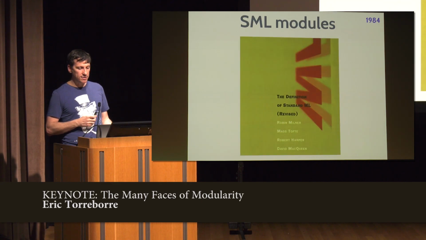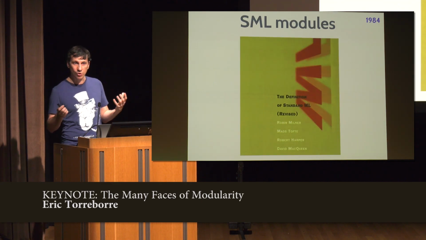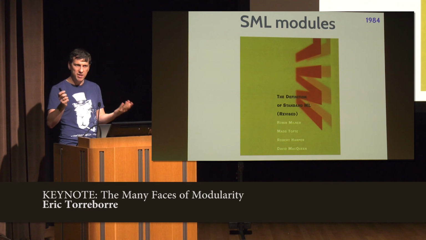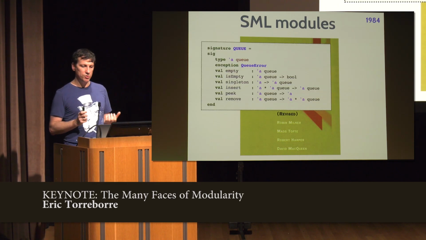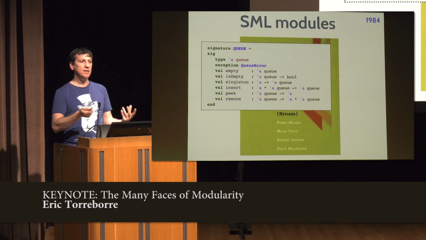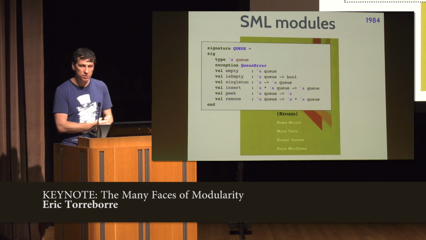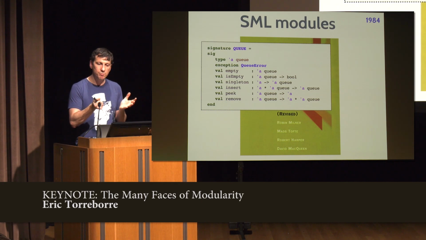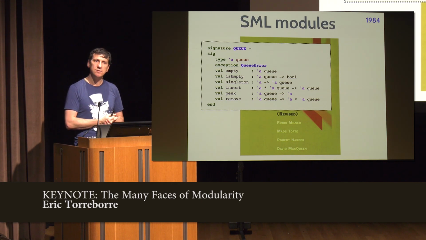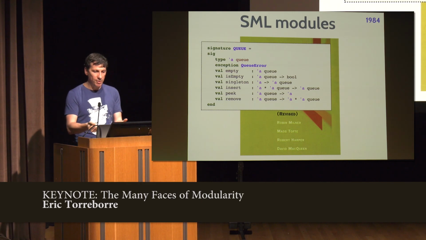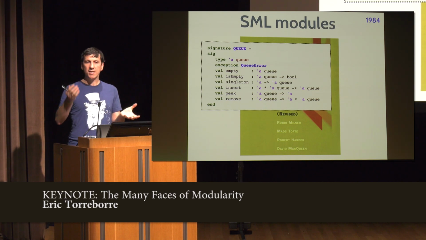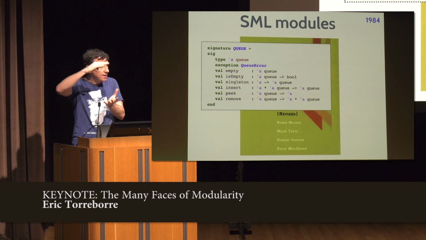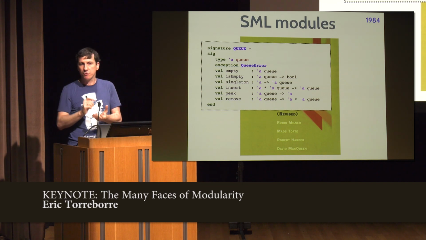And along the same line came the golden standard for modules, in '84. It was like 25 years ago. And it already had lots of tools for modularity. So of course this idea of having an interface, called a signature here, but it's already very rich because you can have type members, right? 25 years ago. Something that I discovered while preparing this talk, you can declare that this module can throw an exception, but not for each function, just at the level of the module.